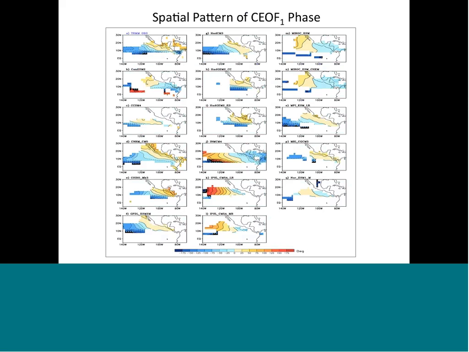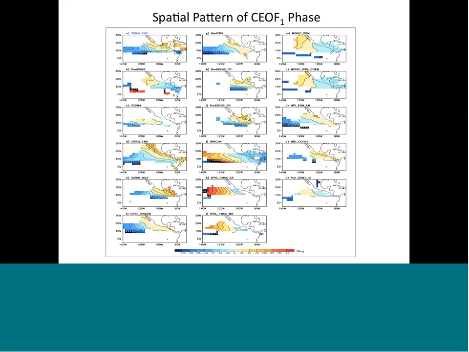For example, panel D, the French model, and panel E, the Hadley Center model. However, in several other models, for example panels J, K, and I, the models show the opposite propagation feature, which is unrealistic.